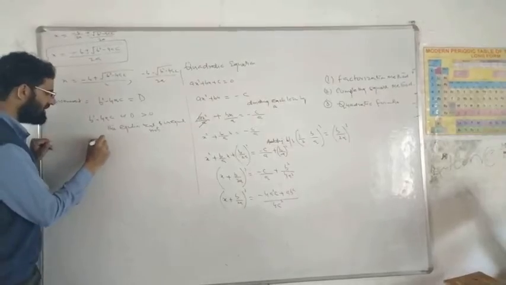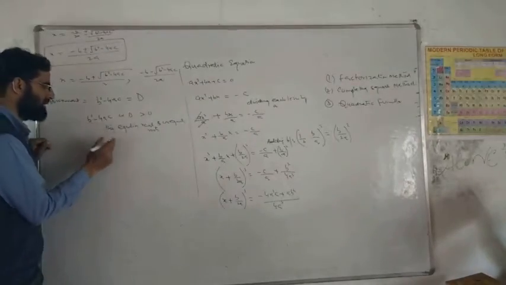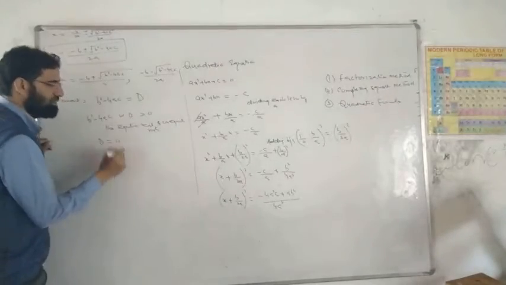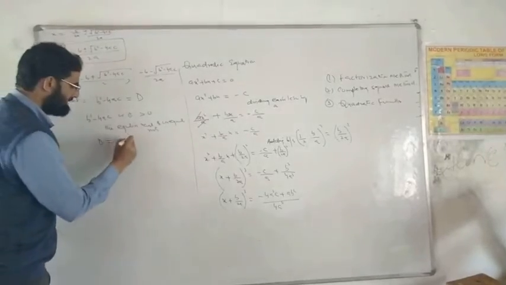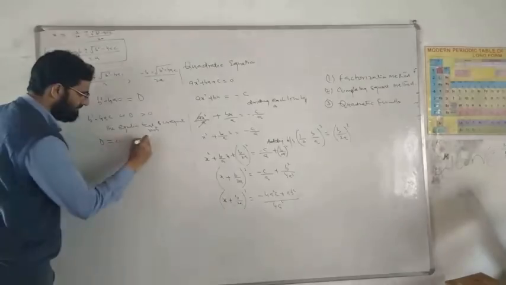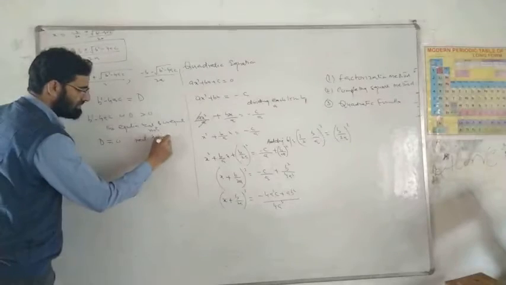Second, if D, meaning b square minus 4ac, is equal to 0, then the quadratic equation has real and equal roots.